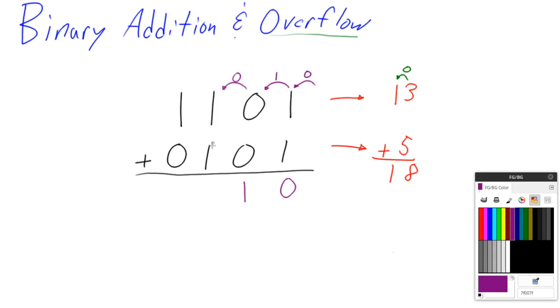And now we got a 0 plus 2 ones, and that turns out to be a 0 with a carry of a 1. And now we've got 2 ones added together, so that's a 0 with a carry out of a 1.